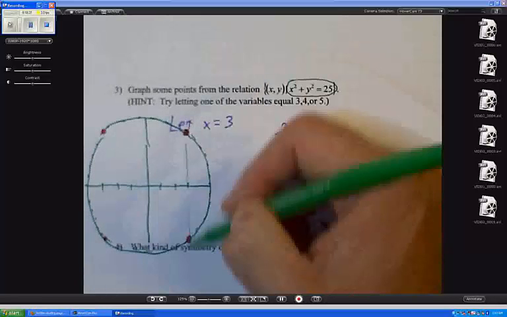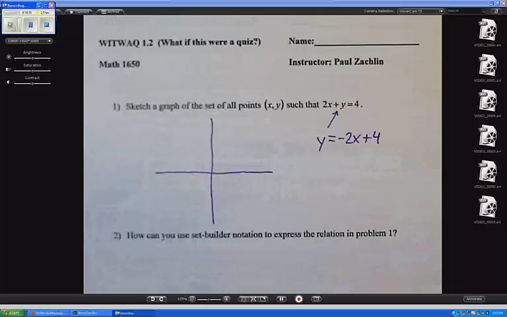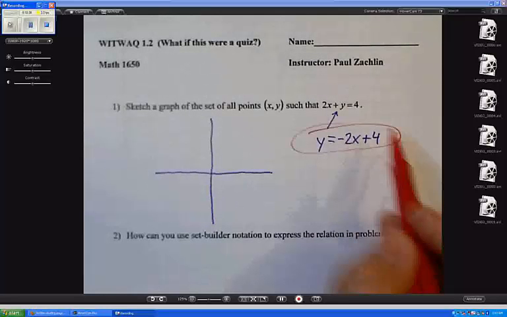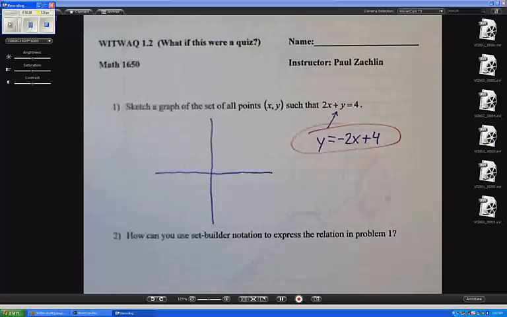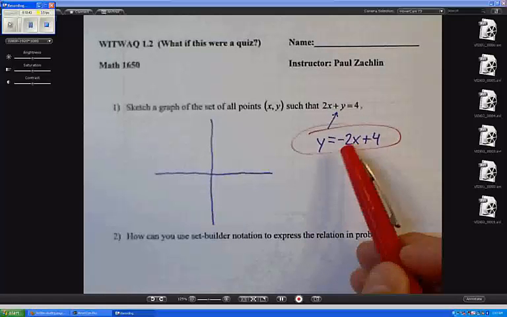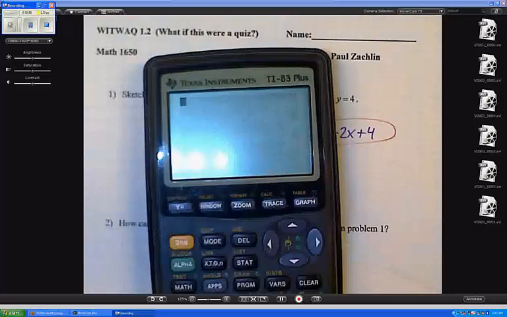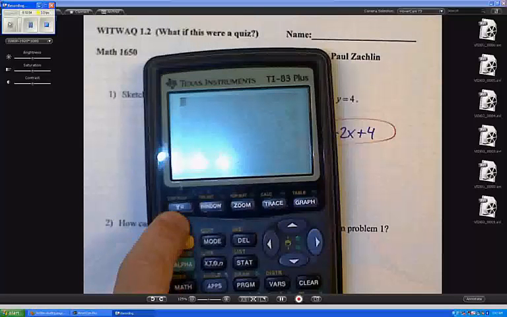What about number 1? Is that a function? How do you know? Well, for one thing, if I can get y by itself like this, then whatever I put in for x is going to give me a unique y. And that's how your graphing calculator works, right? If you go to graph, what do I press? I press y equals. You have to have the y by itself in order to graph things.